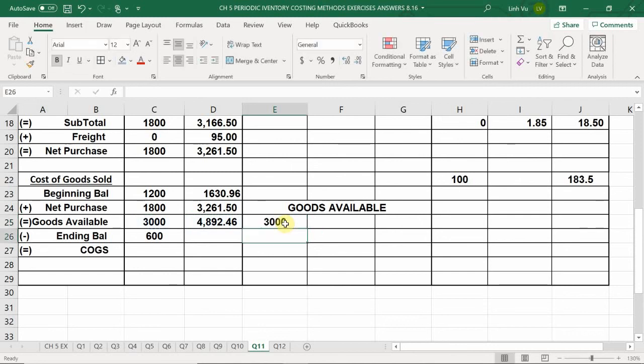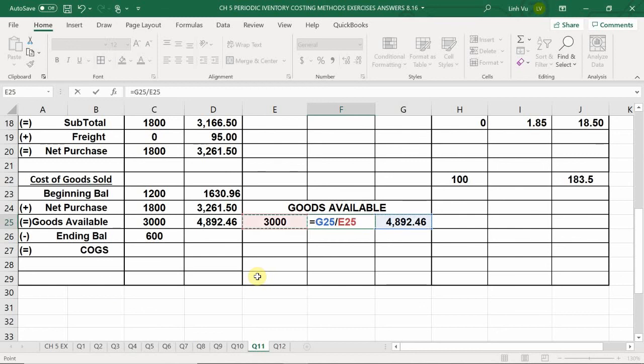So we have a total of 3,000 items at a total of $4,892.46. So what is my average cost per item going to be? $1.63, or $1.63082. Okay.